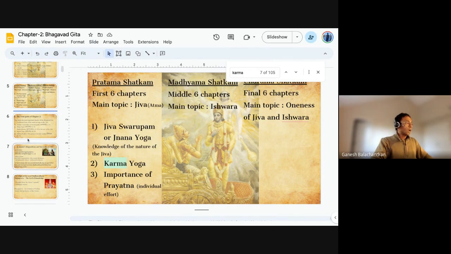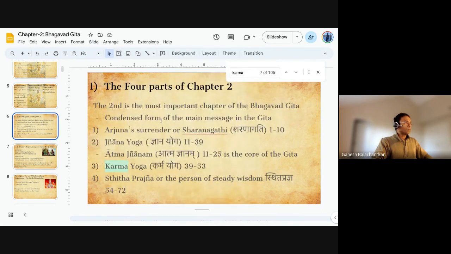And then in the 4th chapter, Arjuna's surrender, the Jnana Yoga, which is what we are seeing now, then Karma Yoga. So Krishna gives the highest knowledge in the beginning, Jnana Yoga.